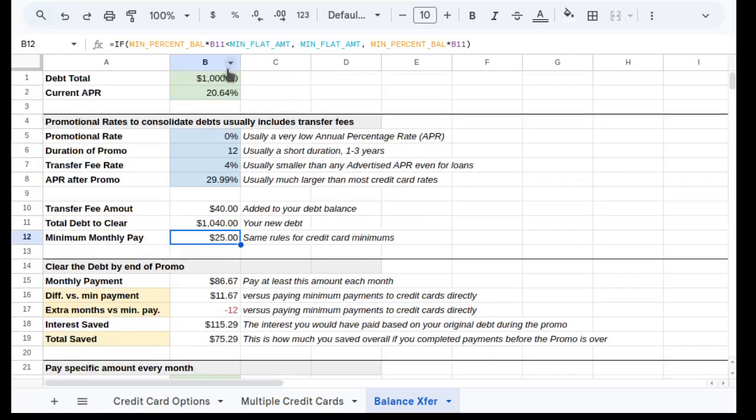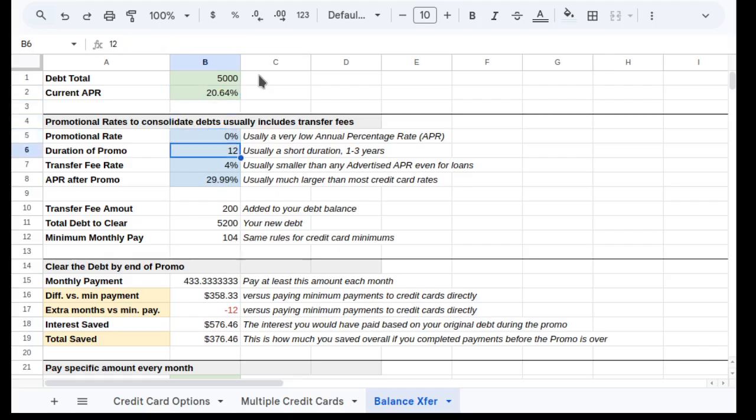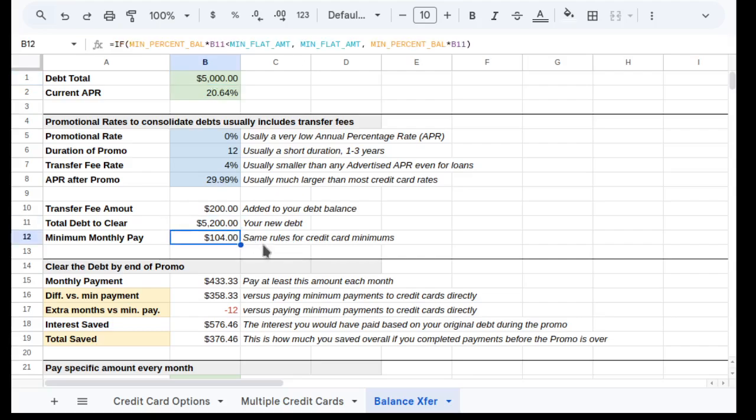If you had a much larger value here, let's say $5,000, obviously, and I don't know why that wasn't set to dollars, your new minimum payments would be $104, but we'll stick to $25.